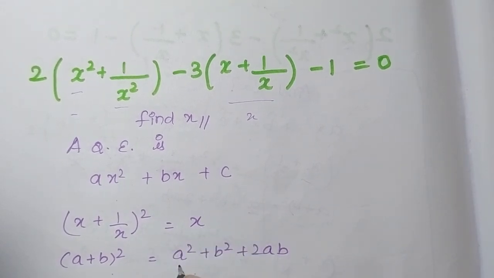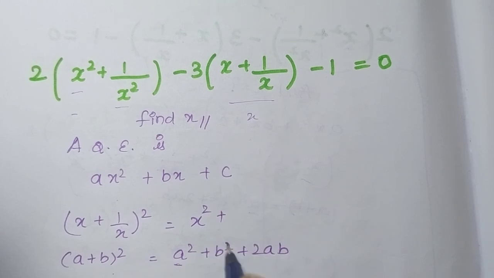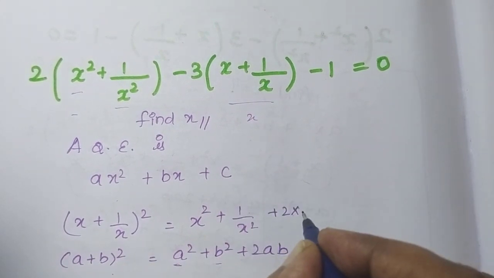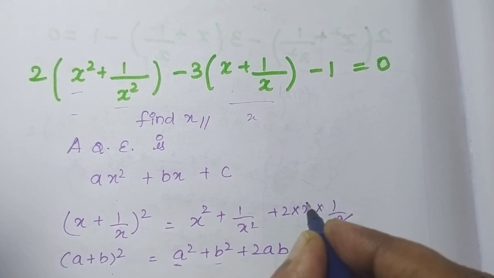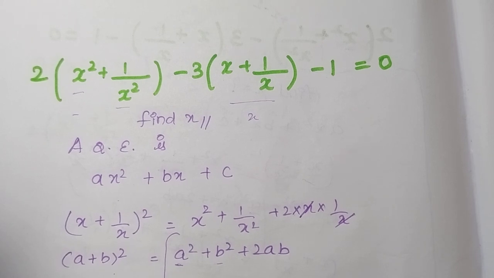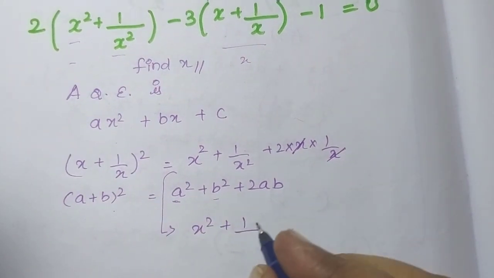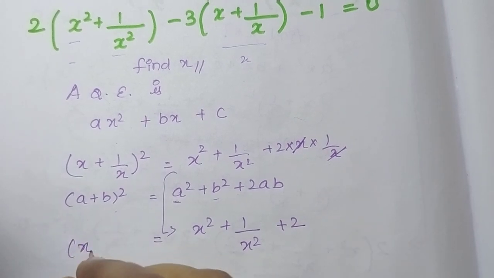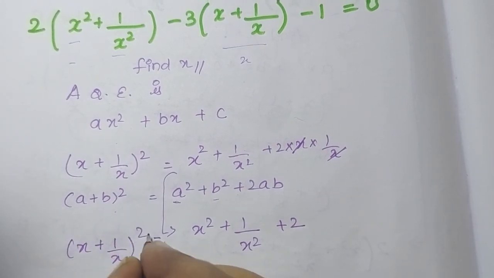I am going to apply that: a square is x square, b square is 1 by x square, plus 2 into x into 1 by x. This x gets cancelled. Therefore, this becomes x square plus 1 by x square plus 2, which is equal to x plus 1 by x the whole square.